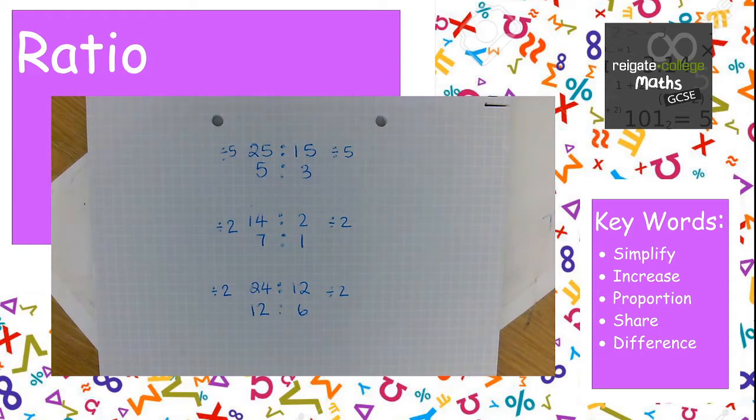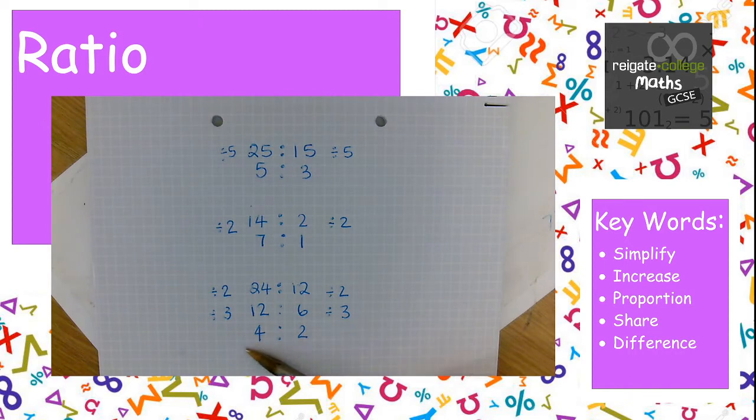What I'm looking at here, I recognise that both 12 and 6 are in the 3 times table, so I'm going to divide both of these numbers by 3. 12 divided by 3 gives me 4, and 6 divided by 3 gives me 2. So I've gone from 24 to 12 down to 4 to 2.